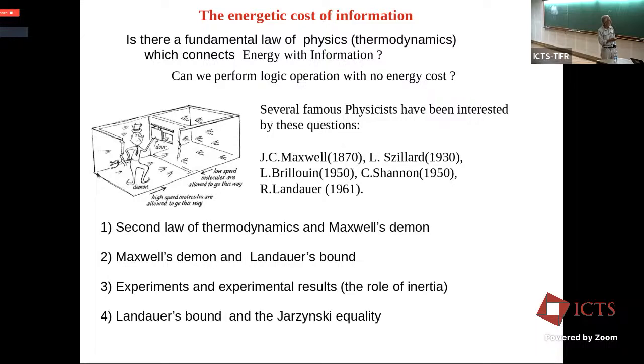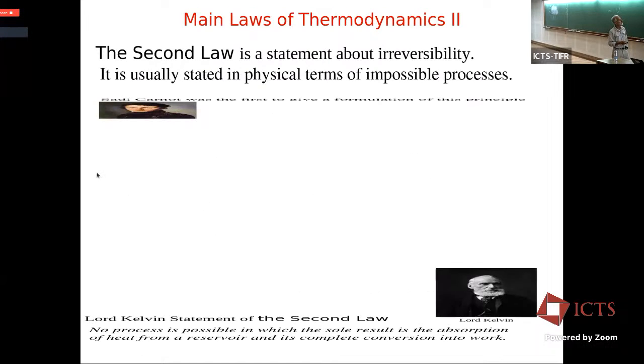And finally, the connections: this is a very strong statement, because you can actually connect the Landauer bound to the Jarzynski equality. You will see the connections. You have already learned about the Jarzynski equality. And then the importance for applications, I will discuss just at the end. Okay, so let me start.